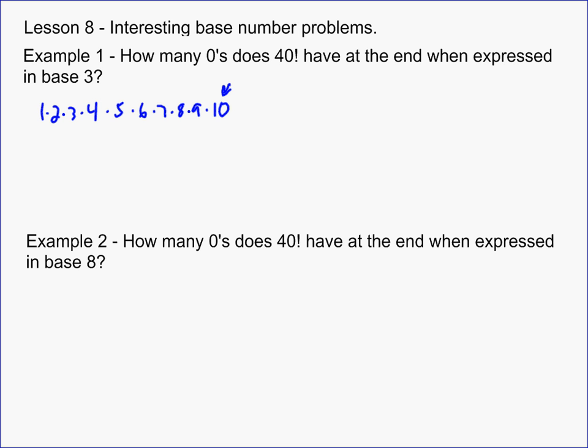But base 3 is a little bit different in that what we're really looking for in base 3 is how many 3's are there in 40 factorial instead of how many 5's. Because for instance, a number like 24 is a multiple of 3.